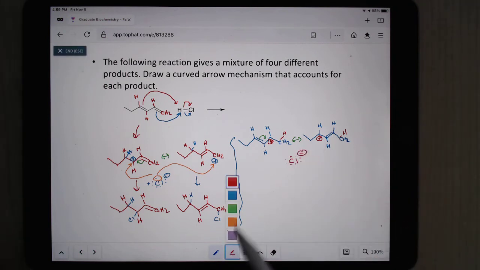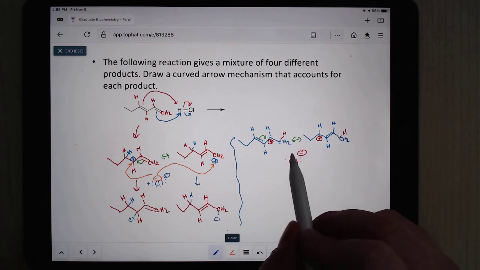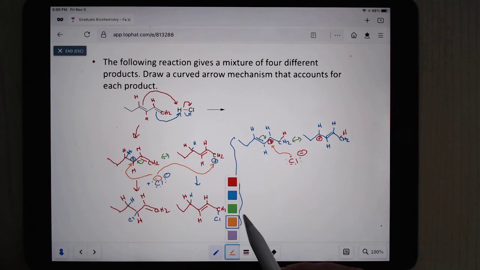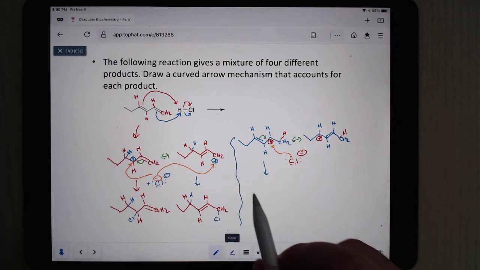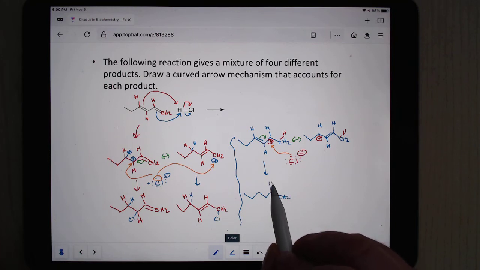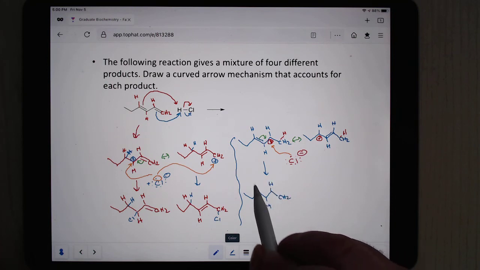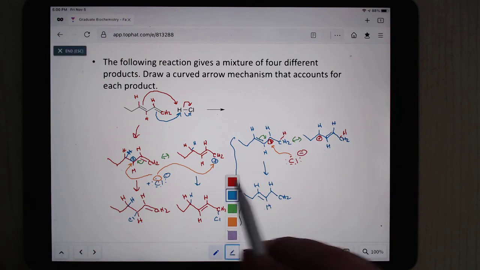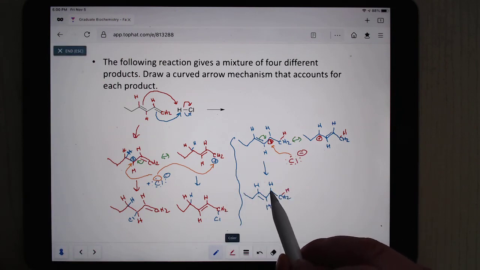Okay. So again, the chlorine is going to attack wherever it sees that positive charge. So it attacks here, then we're going to get this product. Hydrogen here, chlorine there.